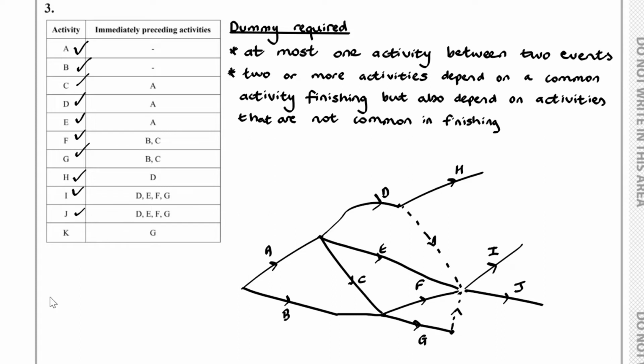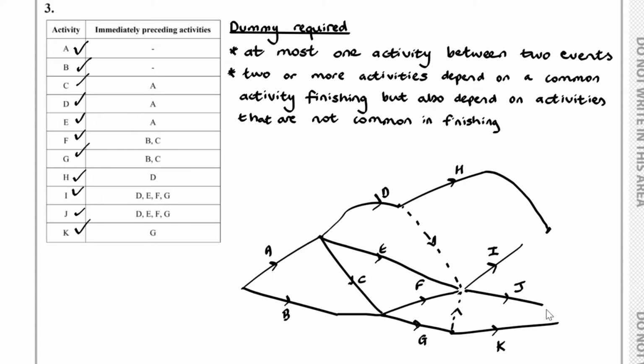So that's I and J done, and we know that K depends on G, so we can have K going here. And they all need a common finishing point, like so. So we can say that H goes to this common finishing point.